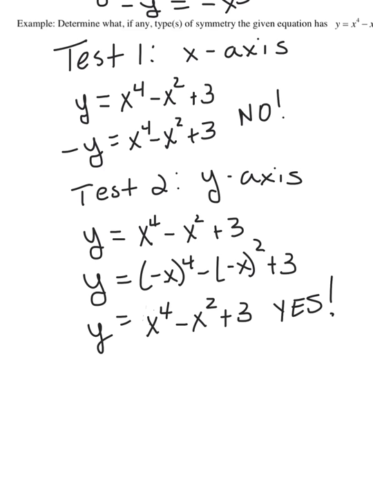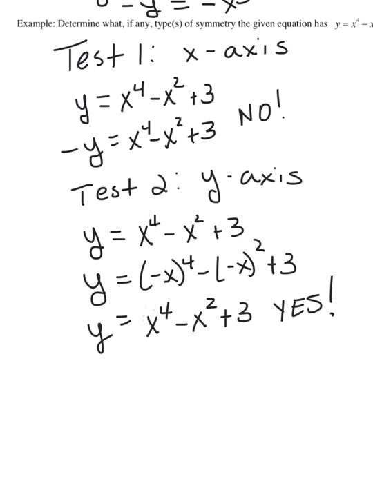Okay, so in our test 2, we're testing to see if the function is symmetric with respect to the y-axis. And so in this case, we are going to substitute a negative x for x into our equation and see if the result is the same. So what I did right here was I went ahead and I substituted this negative x in here and this negative x in here.